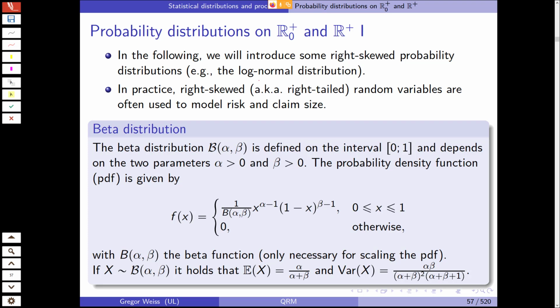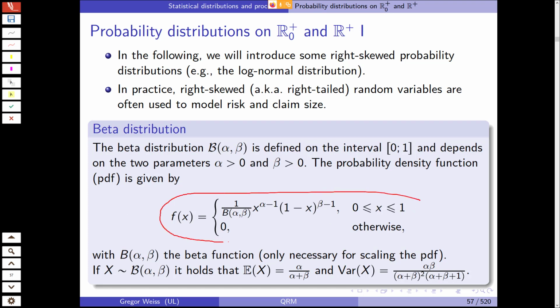It has two parameters, alpha and beta. It is defined on the unit interval from 0 to 1, and it depends on those two non-negative parameters alpha and beta. The probability density function, it's a continuous one, is given by this expression here.